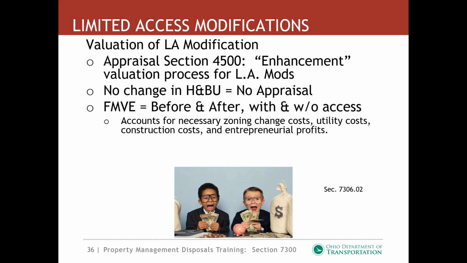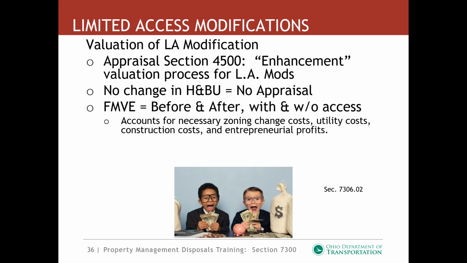When applicable, the fair market value of an LA modification is established by an appraisal that considers the value of the property without the new access and the value of the property with the access. The difference is the enhancement value of the access modification, less any necessary zoning change costs, utility costs, construction costs, and entrepreneurial profits.